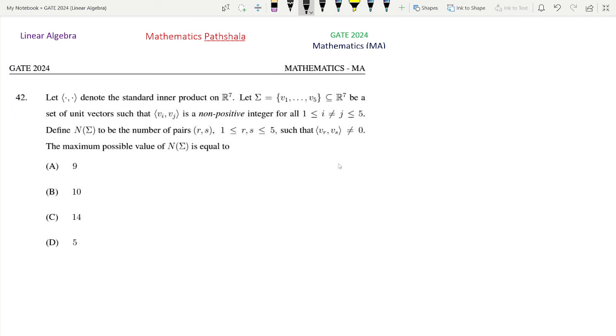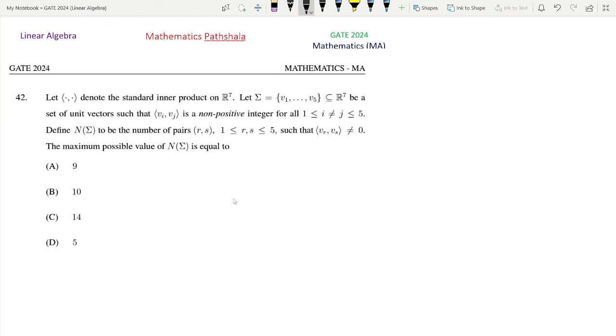Define n sigma to be the number of pairs (r, s), 1 ≤ r, s ≤ 5, such that inner product Vr Vs is not equal to 0. What is the maximum possible value of n sigma? The options are 9, 10, 14, 5.